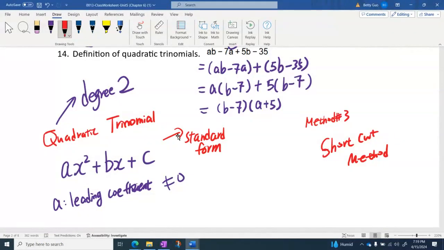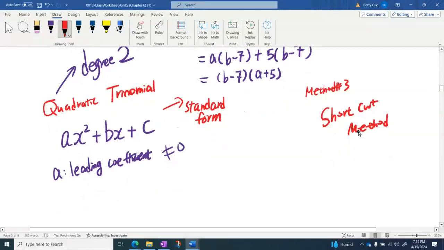So we need to know what a quadratic trinomial looks like, and we also need to know what the standard form looks like. If the trinomial is not in standard form, we would have to write the quadratic trinomial in standard form. Okay?